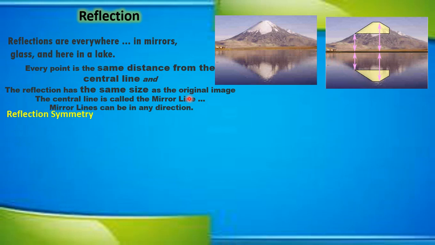So here let us understand reflection symmetry. Sometimes it is also known as line symmetry, or mirror symmetry, and it is easy to see because one half is the reflection of the other half.